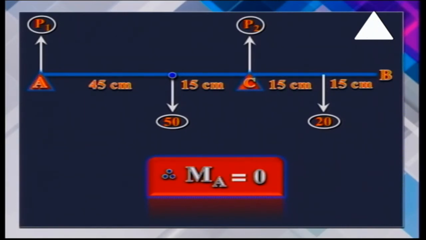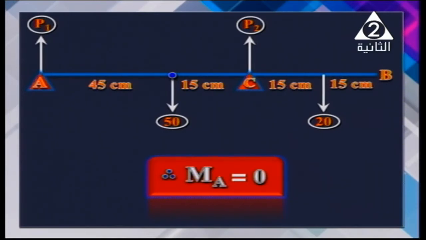Look at, my dear student, we have two forces, 50 and 20, two weights. Its direction, by using clockwise and anti-clockwise about the point A: the two forces 50 and 20 are clockwise, but P2 is anti-clockwise.